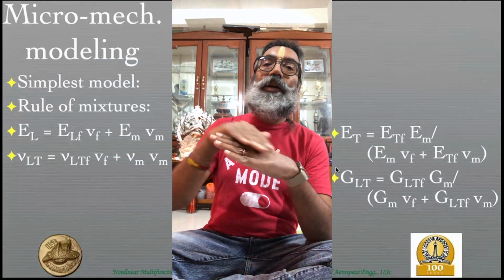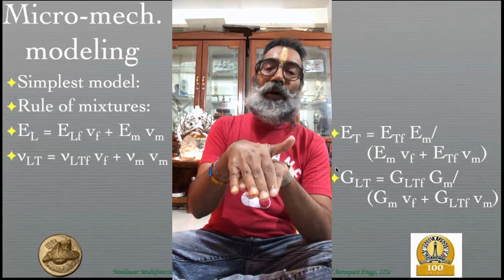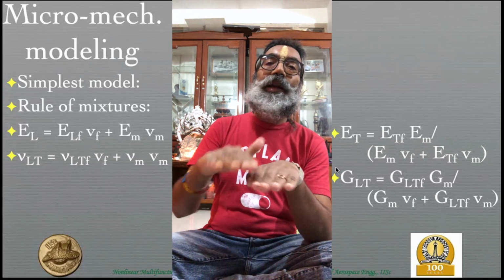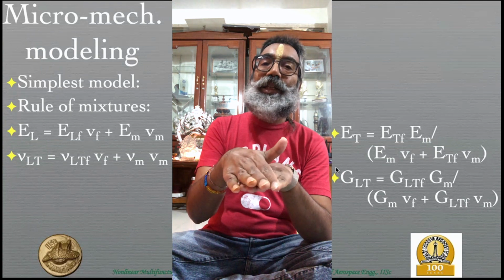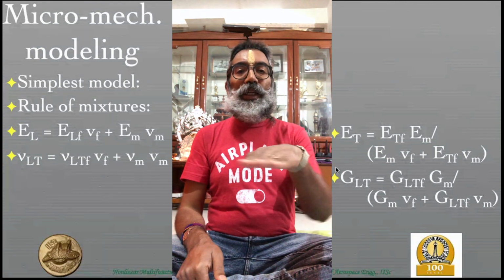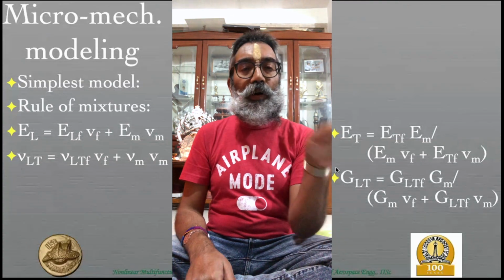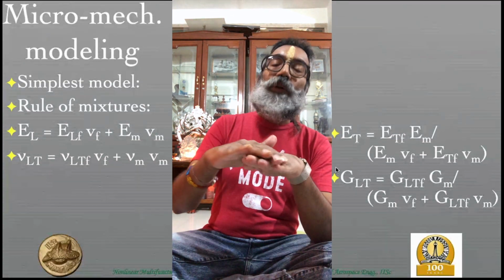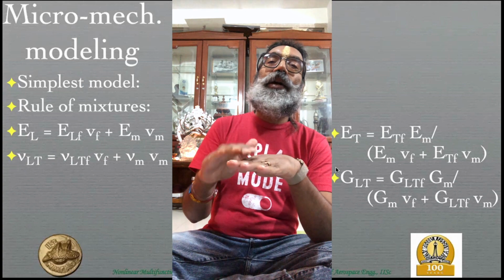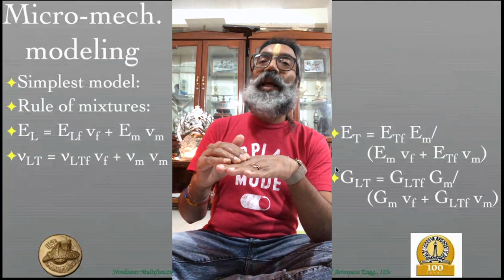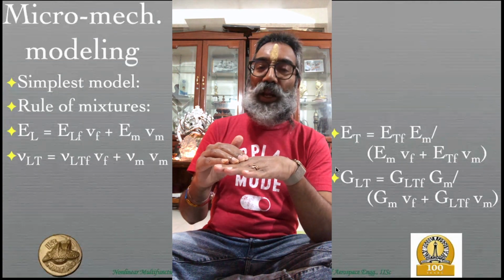On the other hand, if you look at this particular plane, that is the plane of the lamina itself, irrespective of whether it is the 0 degree or any other theta degree, all the way up to 90 or minus 90, in this particular plane the fiber plays a critical role as well, apart from the matrix.